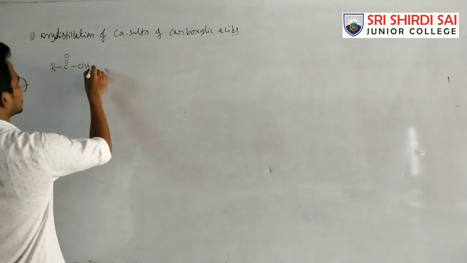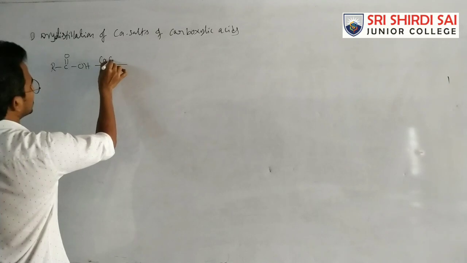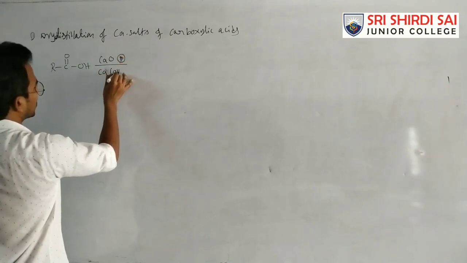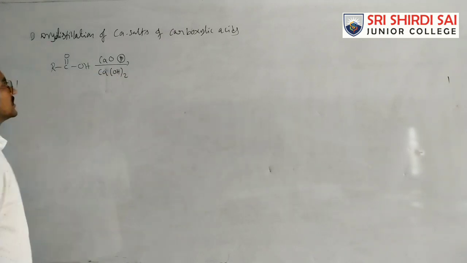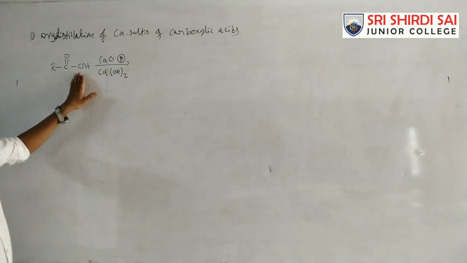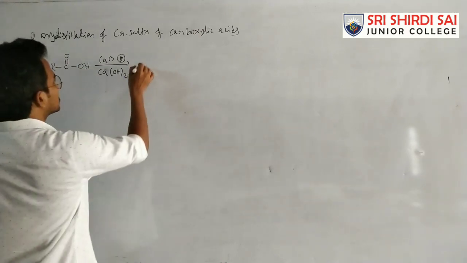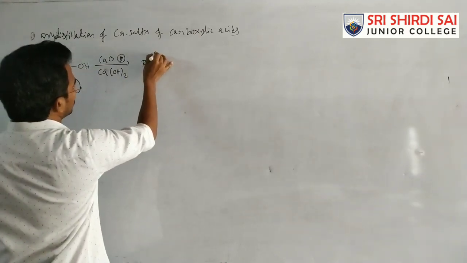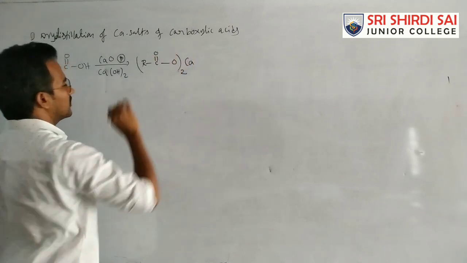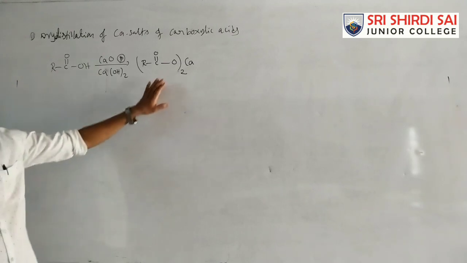This carboxylic acid, on treating with calcium oxide or calcium hydroxide, that means base. This is the base actually, this is the acid. So acid base reaction takes place. So RC double bond O twice Ca, calcium carboxylate.